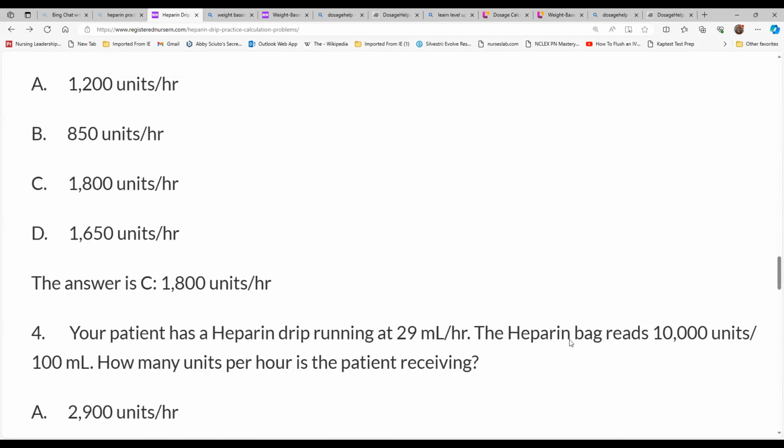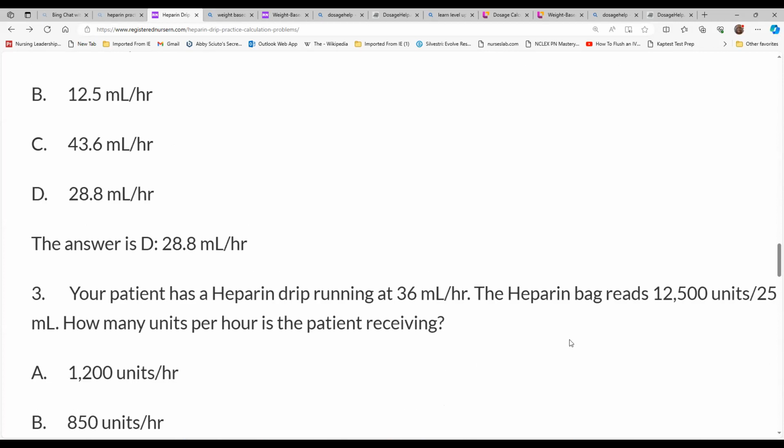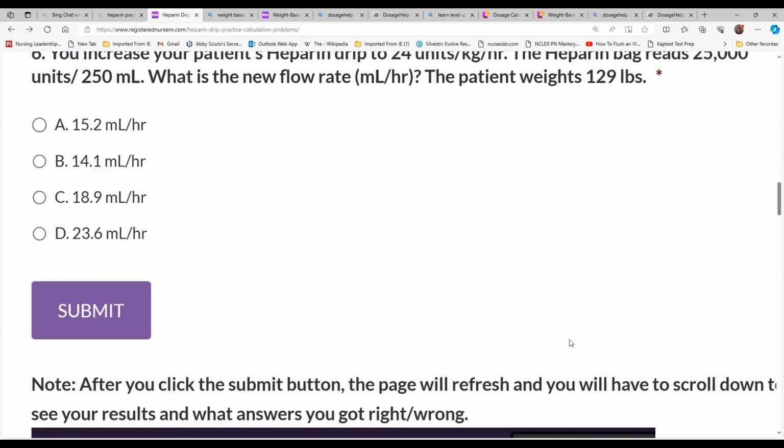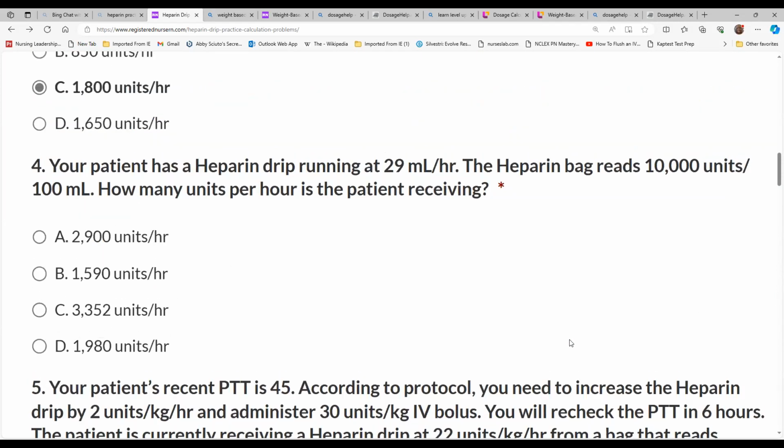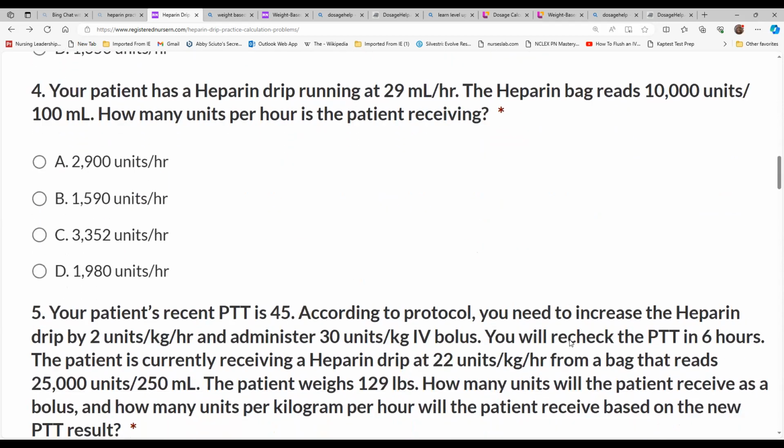Okay, there's number 3 right there. 1,800 units. Let's look at the next one. Number 4, same question. See if you can do it.